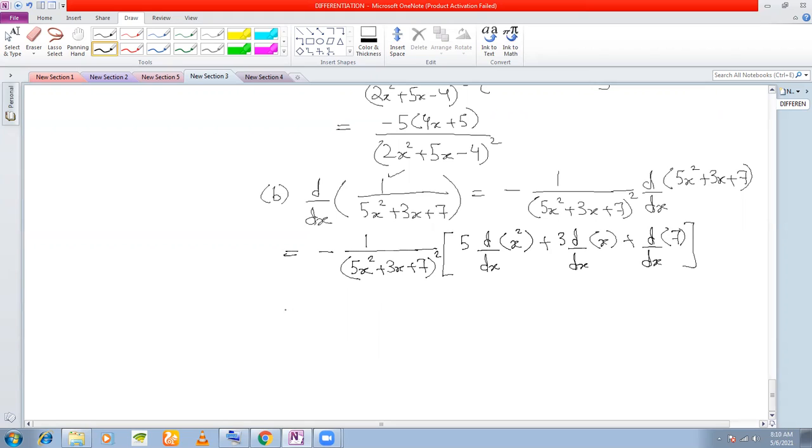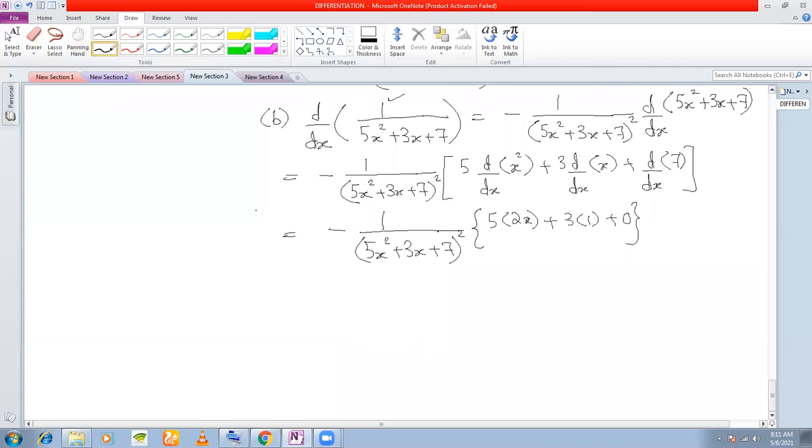So ultimately what you get here is minus 1 by (5x² plus 3x plus 7) whole square. And then this one, you have 5 into d/dx of x² is 2x, and d/dx of x is 1, and this is 0.